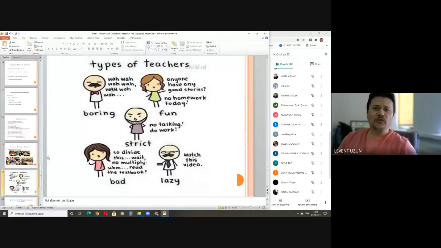And going back to types of teachers, we need to understand that there are boring teachers, strict teachers, bad or lazy teachers, and fun teachers, teachers that create a lot of fun in their classes. But as I say, the most important thing for a teacher is to evolve into an effective teacher who will make some difference in the lives of their students.